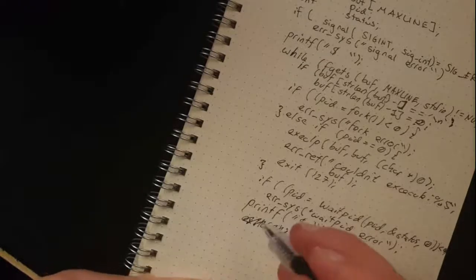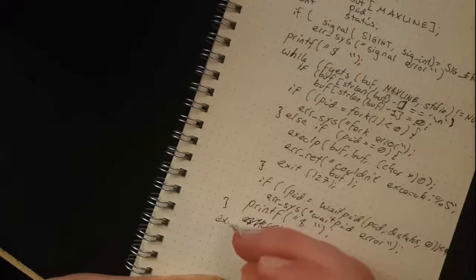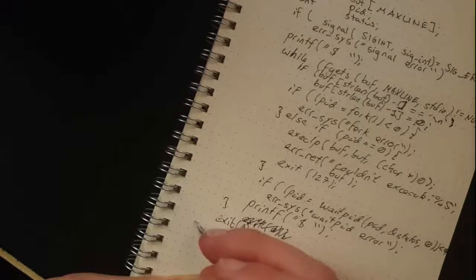Sorry, let me make that more clear. This ends this while loop. Exit 0 finishes int main.